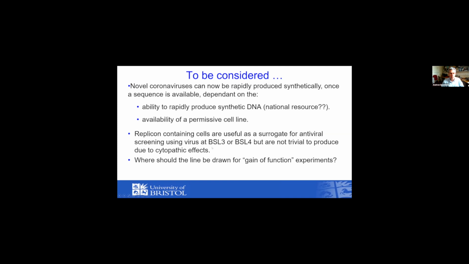But for some of them, it's not trivial because of cytopathic effects. And the other question is, obviously, where should the line be drawn when we start looking at gain of function experiments and swapping different genes, either within different viruses, such as we're doing for SARS-CoV-2, we hope in a safe manner, but potentially between different coronaviruses as well, which is another issue.